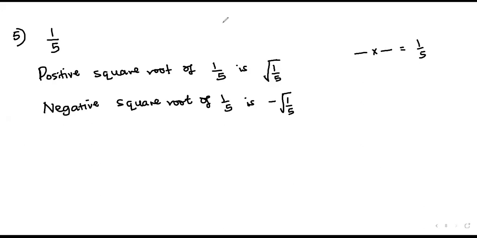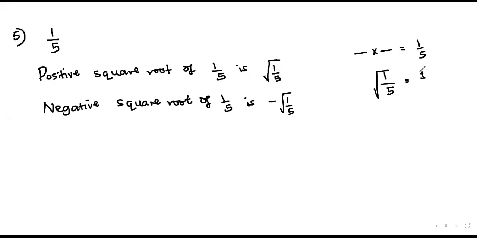Cannot. Okay, let's look at 1 alone and 5 alone. Is there any number that we can multiply by itself to get 1? Yes or no? Yes. What number is that? 1.